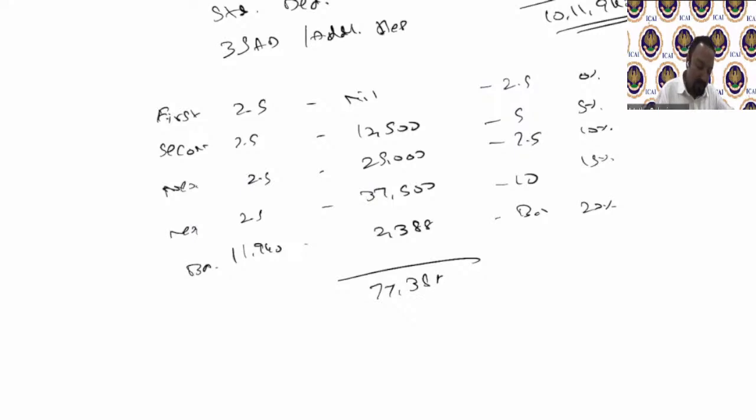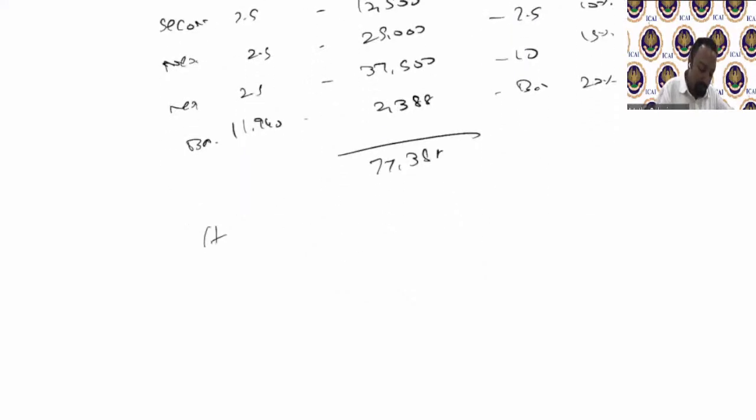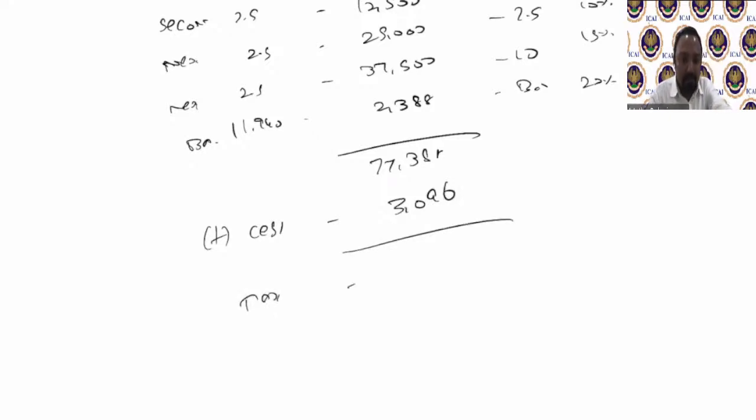So to this 77,388 you add cess of 4%. 77,388 into 4% is 3,096. So your tax will be 77,388 into 1.04. It will be 8484.